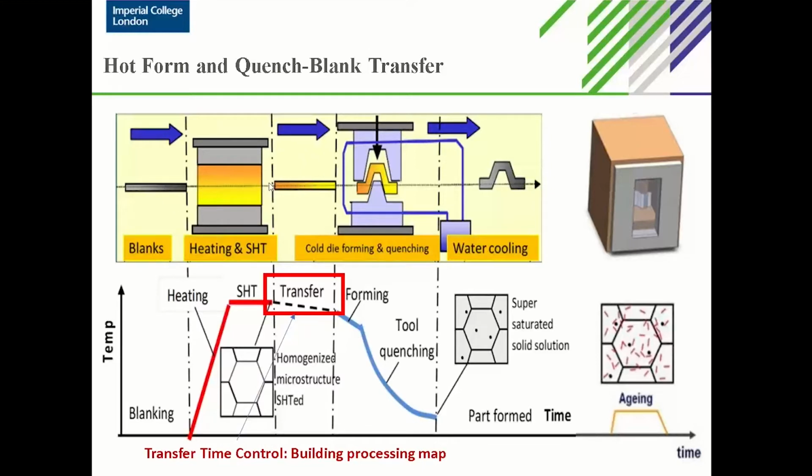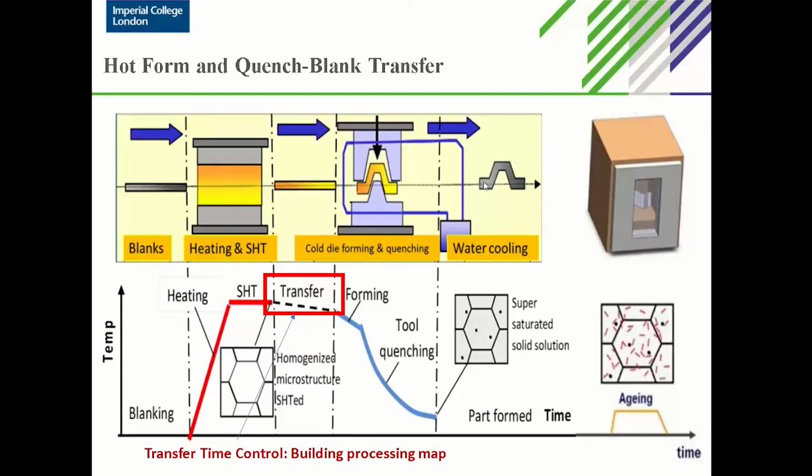Later, the part is transferred to a cold die, during which the temperature drops due to the transferring. Once the part is transferred, a cold die is applied on the hot blank to enable both forming and quenching of the component.